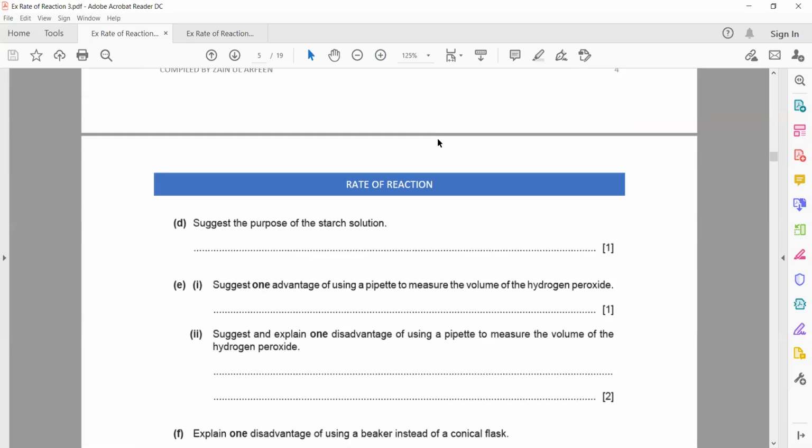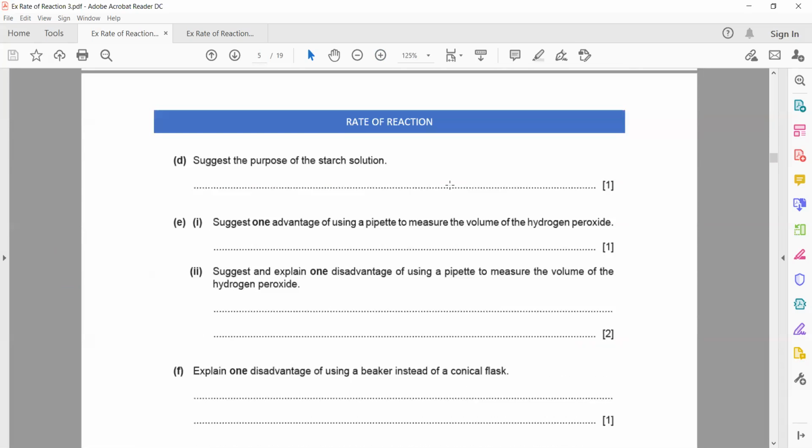Then what is the purpose of the starch? The purpose of the starch is the identification of iodine. Whenever iodine is there, the starch will turn blue black.